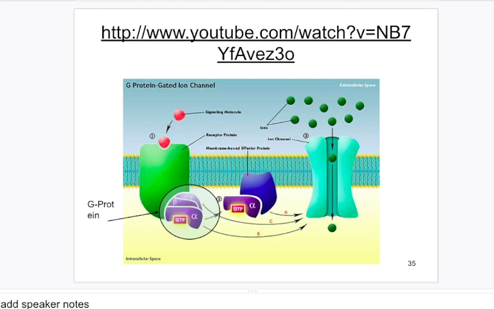Here is a picture of an example of G-coupled protein. So you have this purple G-coupled protein with an alpha, beta, and gamma subunit. After the ligand is bound to the receptor complex, the G-coupled protein is able to shift right onto the plasma membrane where an effector protein is affected by this shift on the G protein alpha subunit.